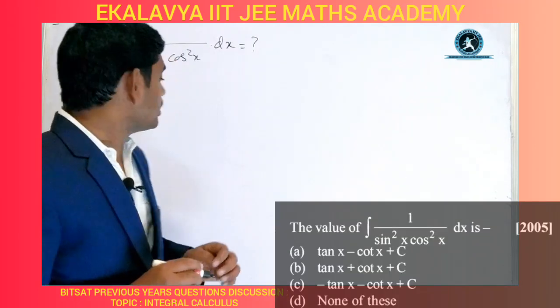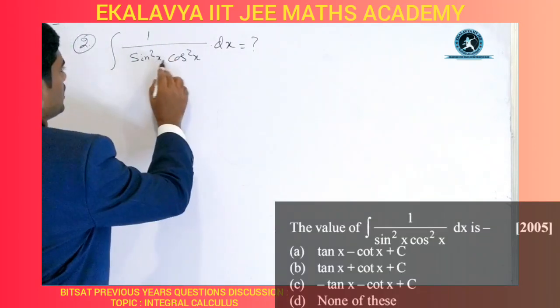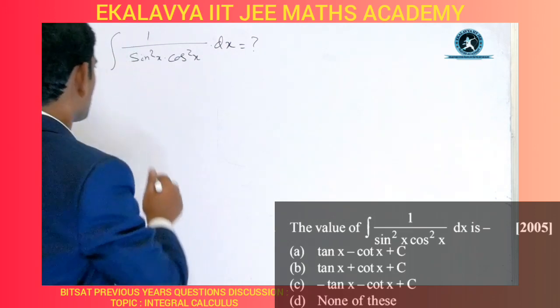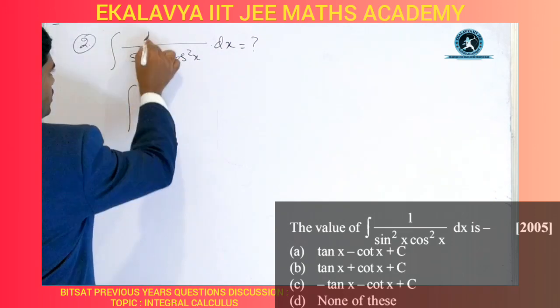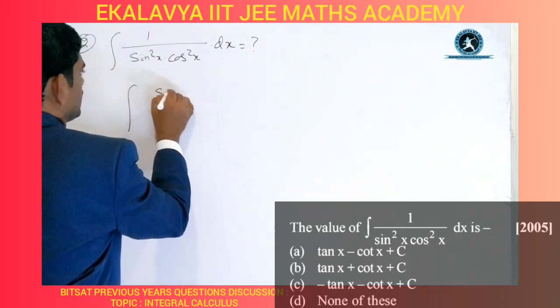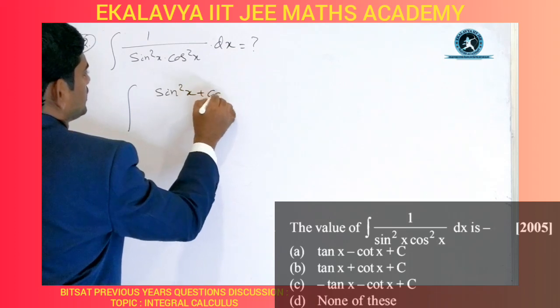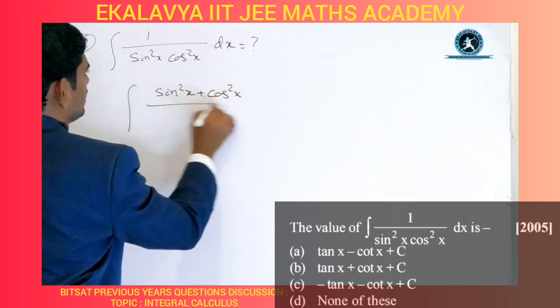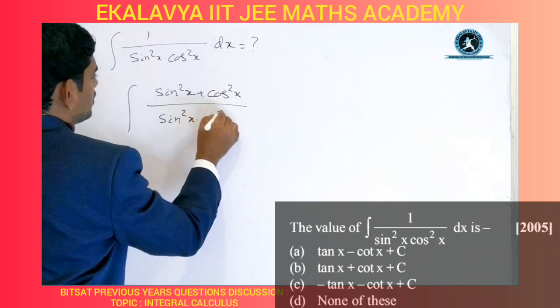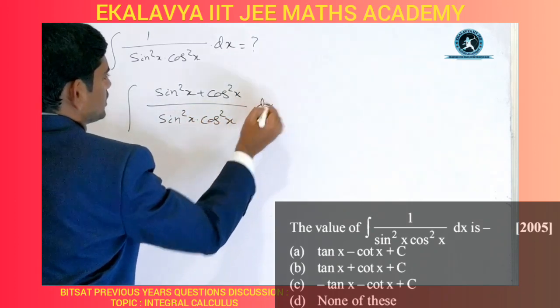Next question is integration of 1 by sin square x into cos square x dx is equal to dash. So how can we solve this one? The numerator 1 we can write as sin square x plus cos square x, and the denominator is sin square x into cos square x dx.